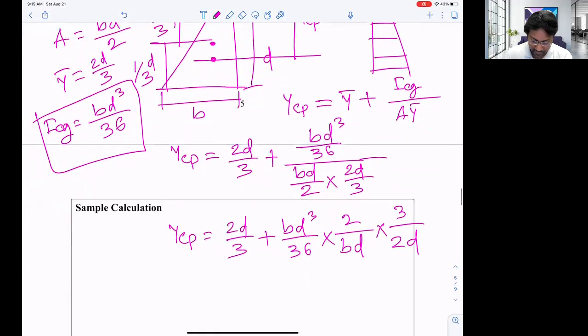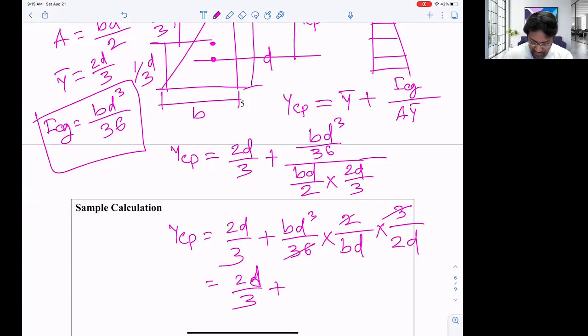Okay, so if I just cancel, this 3 and this 3 would cancel. Okay, we can check. See, no, we can't do that because it is plus. So 2D over 3 stays the same, plus this 3 and 2 will be 6.